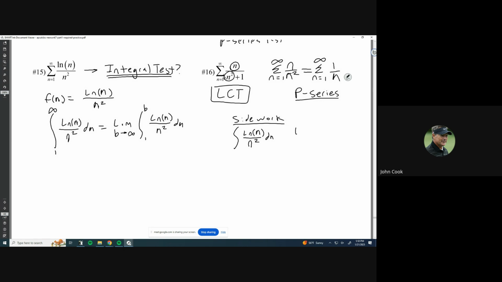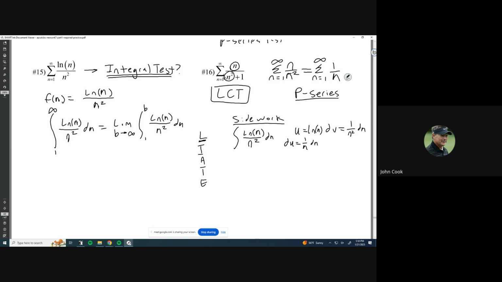So you have the u and the dv, and if you remember Mr. Rupp's little LIATE thing, then the best thing to use for the u is going to be logs and natural logs. So we're going to use the natural log of n for this. That means that the rest of it, 1 over n squared dn, is going to be part of the dv stuff. So du, derivative of natural log of n, is going to be 1 over n dn.